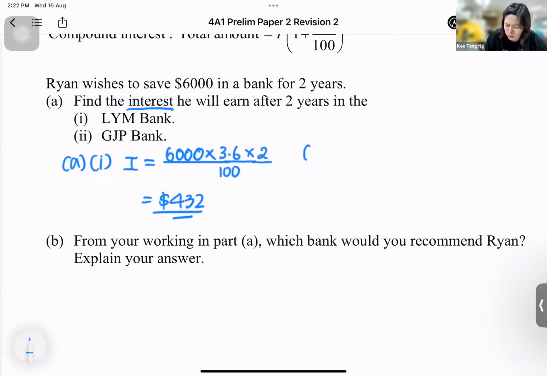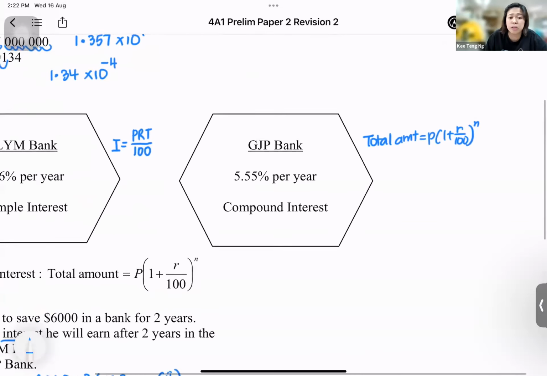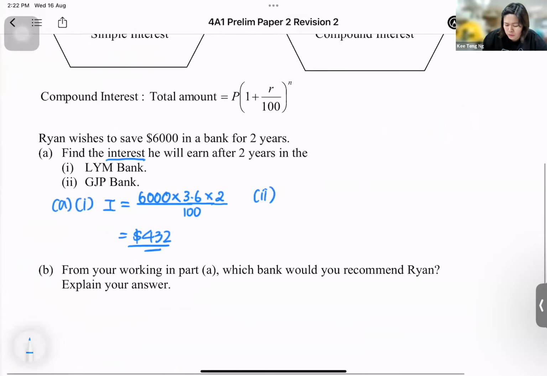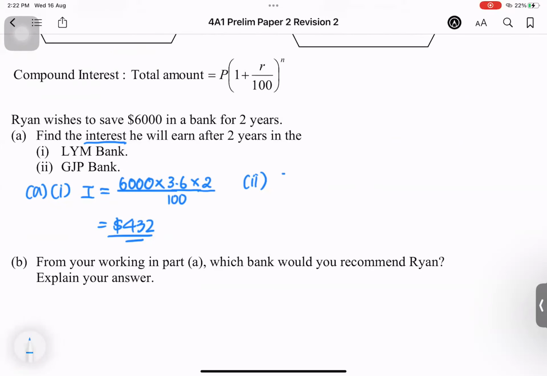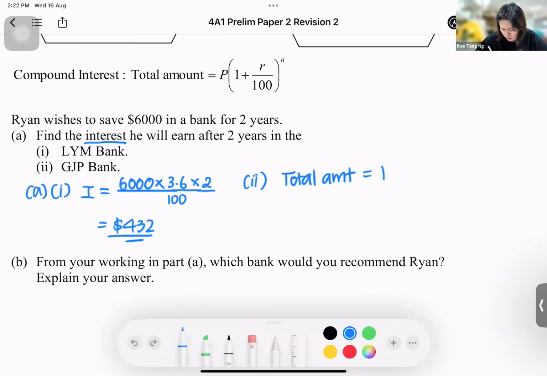Okay, but for part 2, I want to find the interest you earn for JP. This bank's compound interest starts with the total amount. If I want to find the interest, what do I need to do after I find the amount of money?